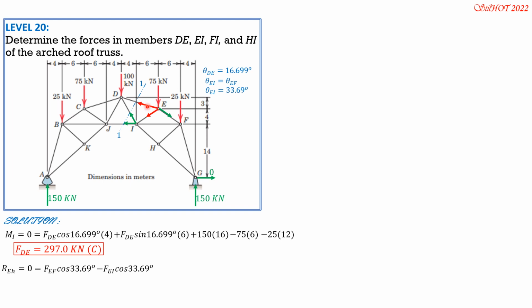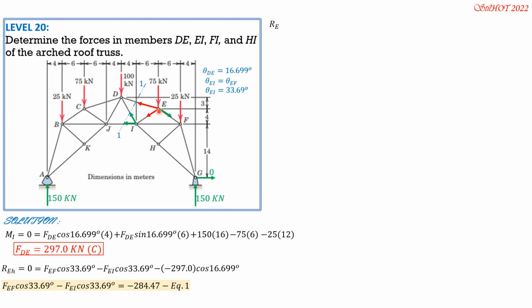Then minus FDE, so minus negative 297 because the sign of FD is negative, cosine of 16.699 degrees. That's the horizontal component of FD. Simplifying, FEF cosine 33.69 degrees minus FEI cosine 33.69 degrees equals negative 284.47. Call that equation 1.